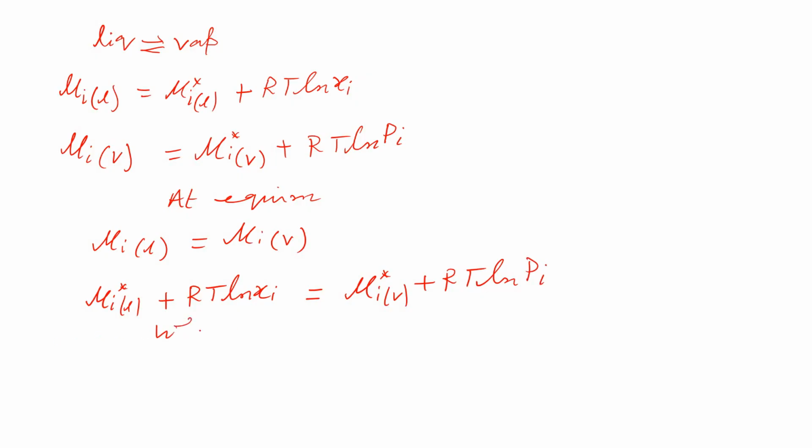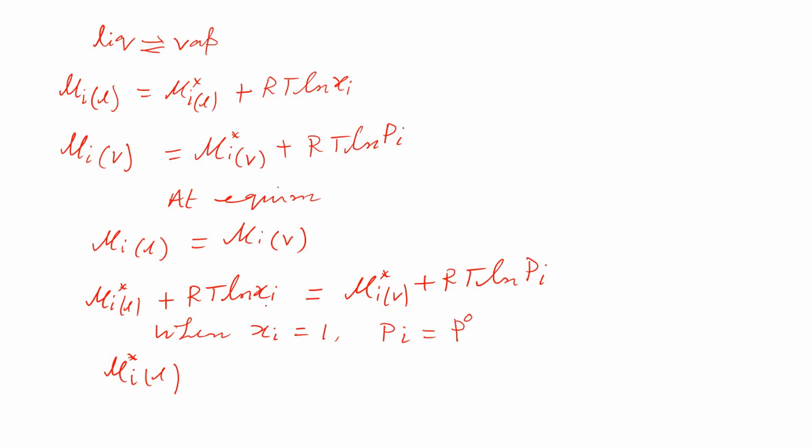Now, putting in one condition, when Xi, the mole fraction, is equal to 1, that means a pure component, then Pi, the partial vapor pressure, will be equal to the vapor pressure of the pure component. Then I can write mu I in the standard condition in the liquid state plus RT ln Xi.